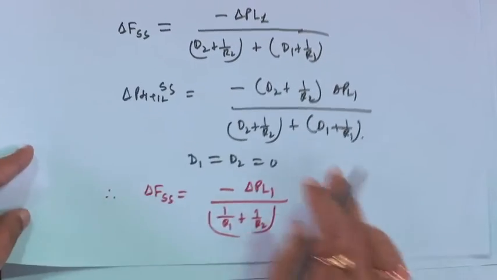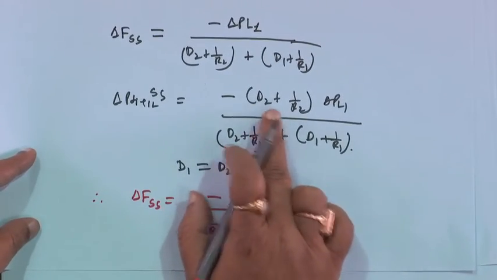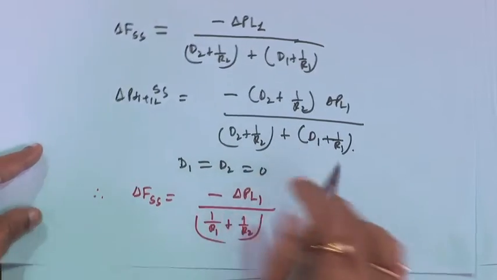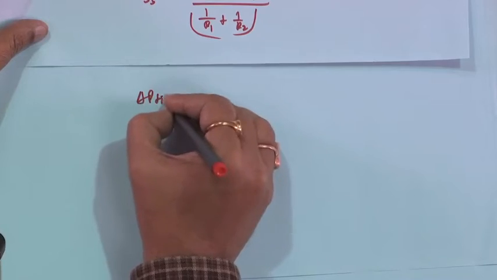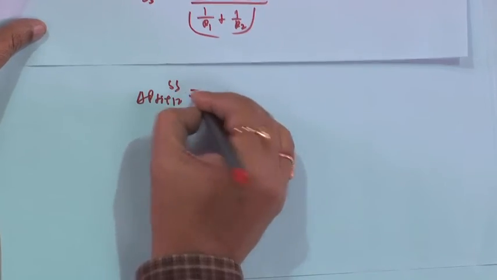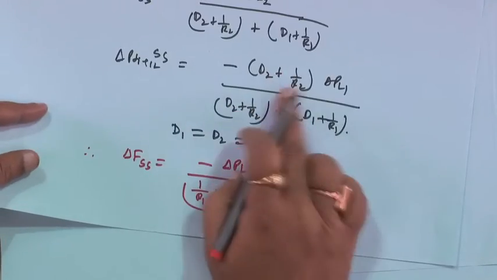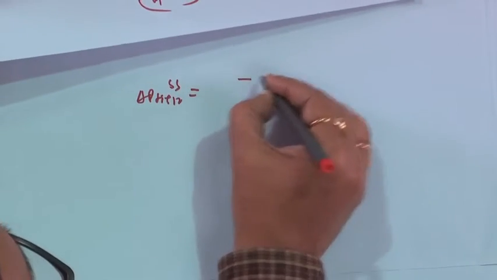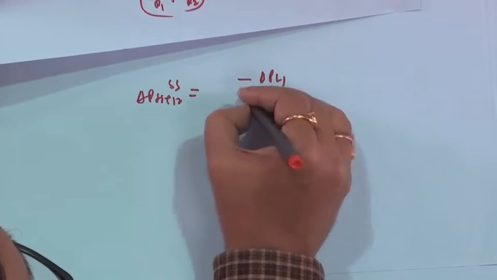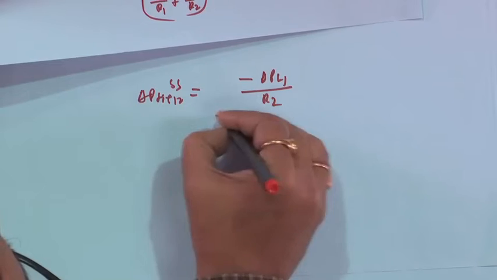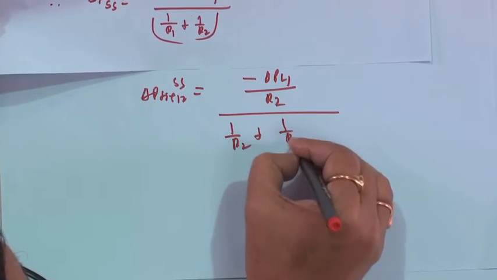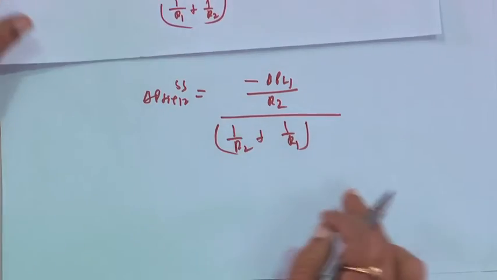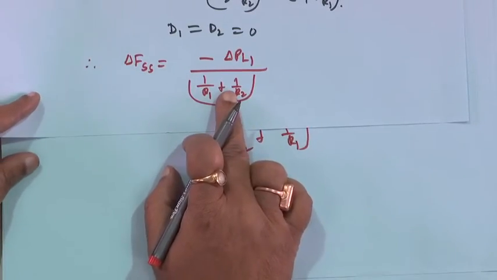Similarly, if D1 and D2 are both 0, delta P tie 1 to 2 steady state will be minus delta PL1 divided by R2, over 1 upon R2 plus 1 upon R1. This is delta P tie 1 to 2 SS, and this is delta F SS.